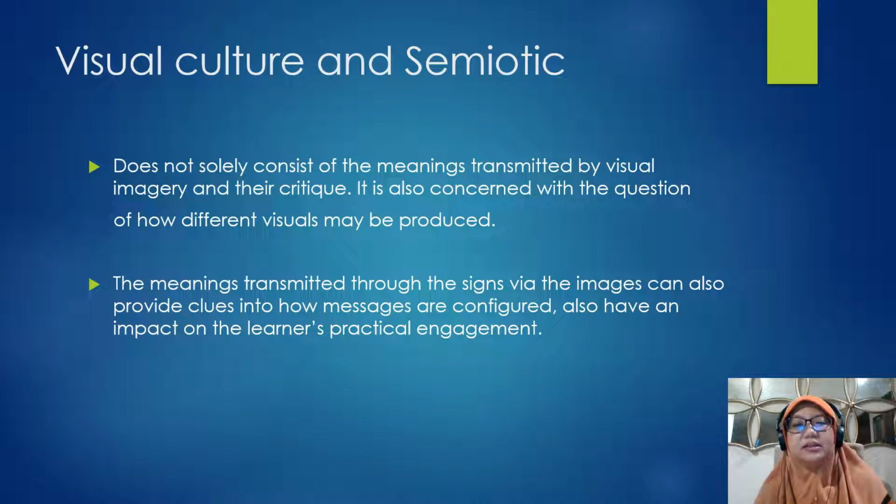This means that when the signs are, for example, very interesting, it gives clues on how the message has been pre-designed much earlier. And this will intrigue the learners further as they examine the text, and this brings the learning engagement, deeply engaging the learner.